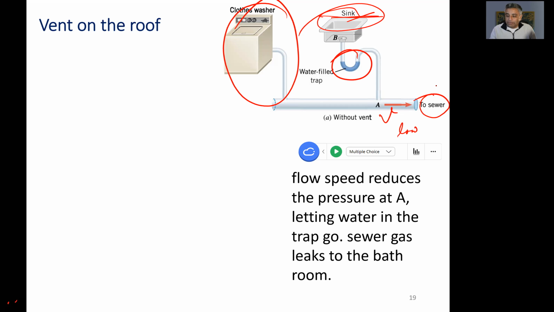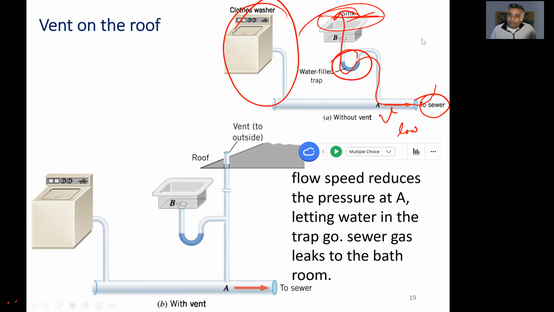Now this whole thing is connected to the sewer. Now what's going to happen? The smell from the sewer is going to sneak into your kitchen or bathroom. Not good, right? We don't want that. To prevent that, you connect a vent pipe all the way to your roof.